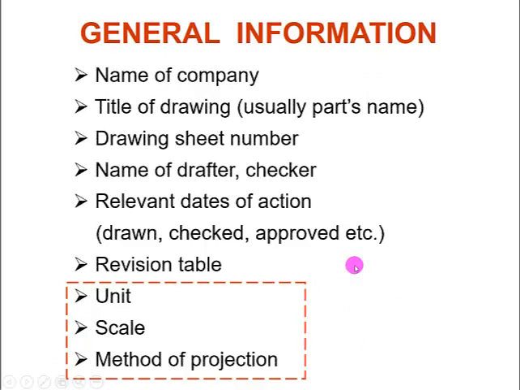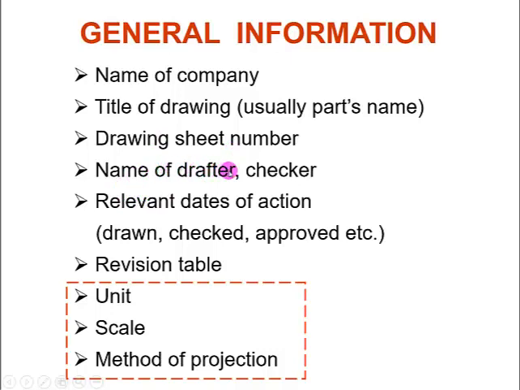For the general information you put in your detail drawing, in the title block, there is the name of the company. The title block has to show the title of the drawing, like a part's name, and the drawing sheet number. Maybe sometimes you have more than one drawing, so you just need to put the sheet number.